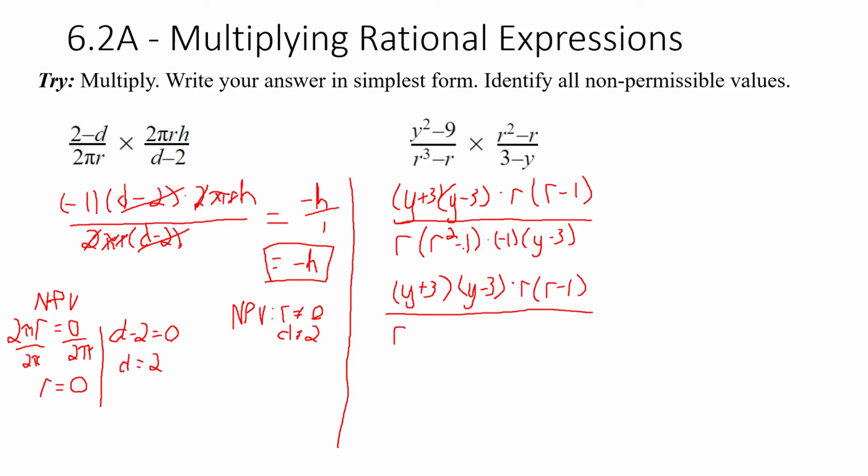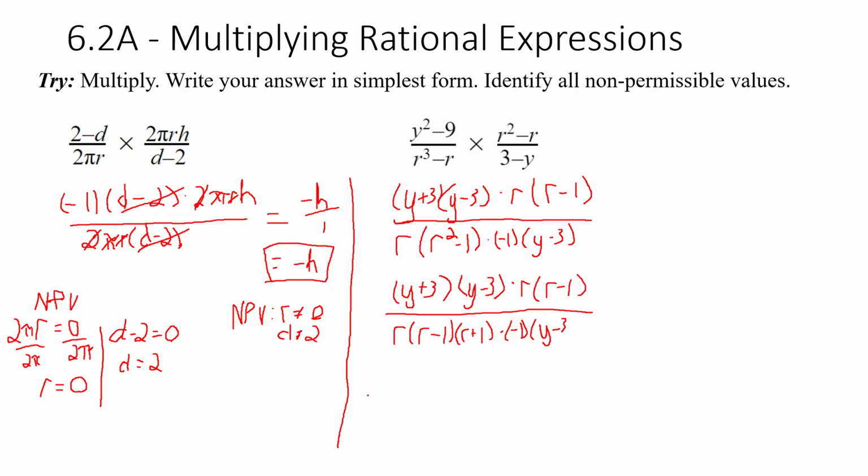So square root of this plus minus the square root of this to get your difference of squares. So this turns into r, square root of 1 is 1, so minus 1, and r plus 1. And then we're timesing by negative 1 and y minus 3.